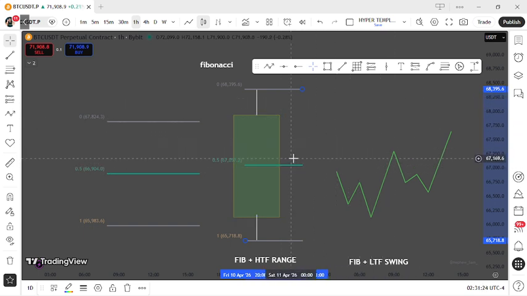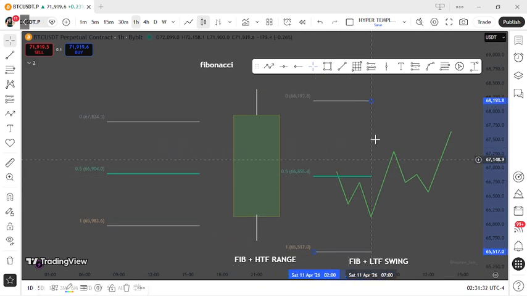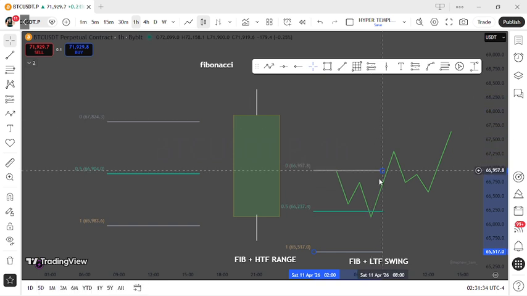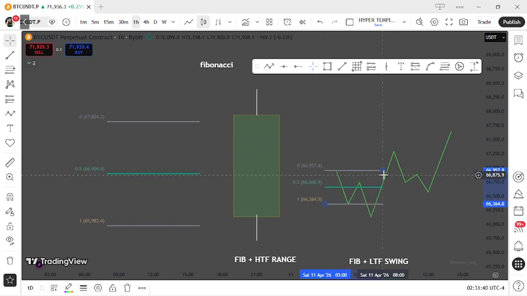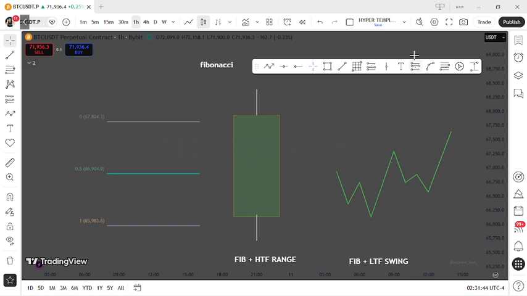And if I'm bearish, I will be waiting for price on the bearish leg. For example, let me take this Fibonacci to this swing point. Let me just delete this one and use this swing, for example.